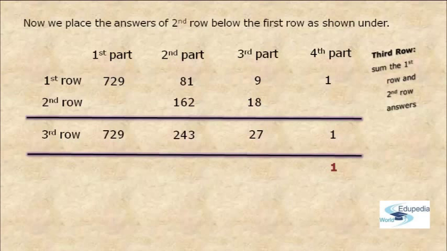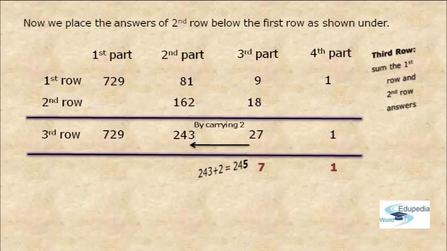Here in the third part we have 2 digits, but according to our rules we should have only 1 digit. So I am writing the digit in ones place, that is 7, in the answer like this, and the remaining number 2 is taken as carry on to the second part. Now by adding 2 with the second part answer, that is 243 plus 2, we will get 245 as the answer.